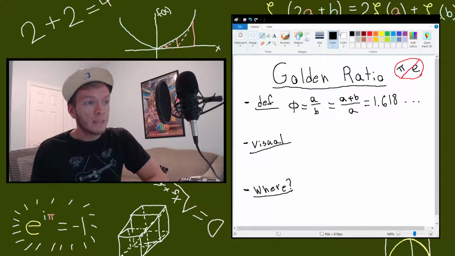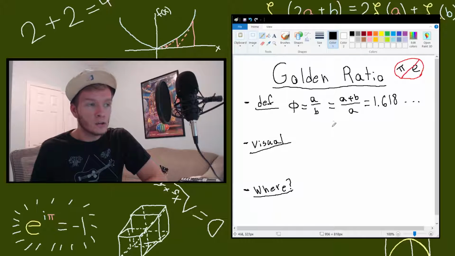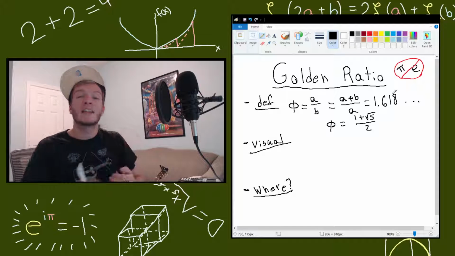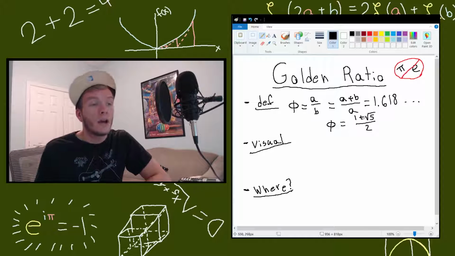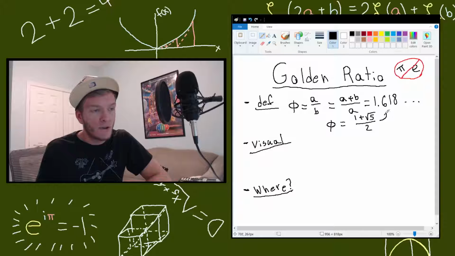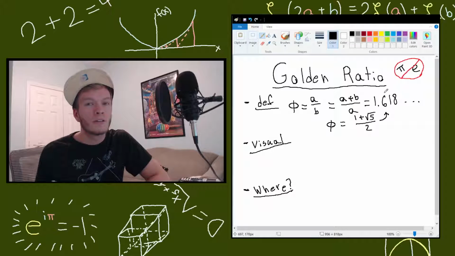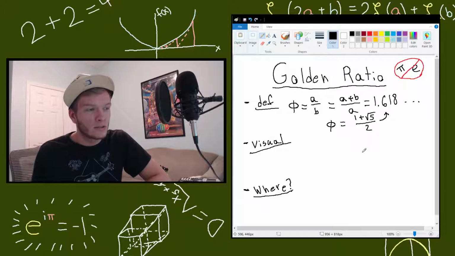Phi, our golden ratio, can actually be represented by a closed solution, and that closed solution is 1 plus the square root of 5 over 2. So that is an exact answer. But if you want to remember something, it's about 1.62. That'll get you close enough for most reasonable answers.